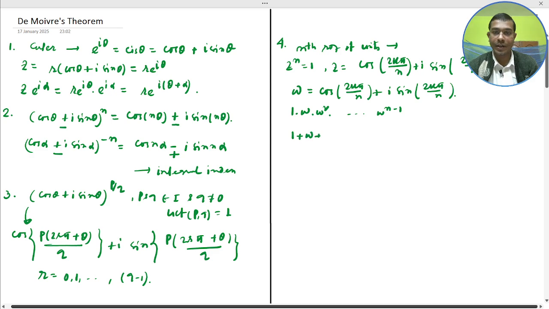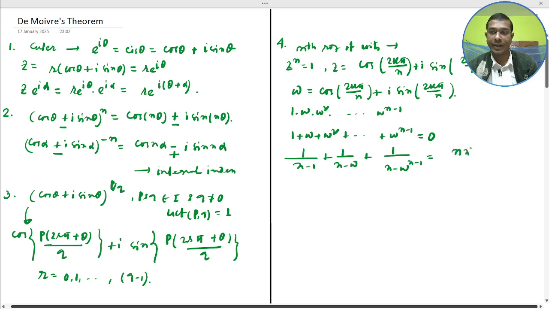That is, 1 plus omega plus omega square plus ... plus omega to the power n minus 1 equals 0. Also, 1/(x minus 1) plus 1/(x minus omega) plus ... plus 1/(x minus omega to the power n minus 1) equals n x to the power n minus 1 divided by x to the power n minus 1.